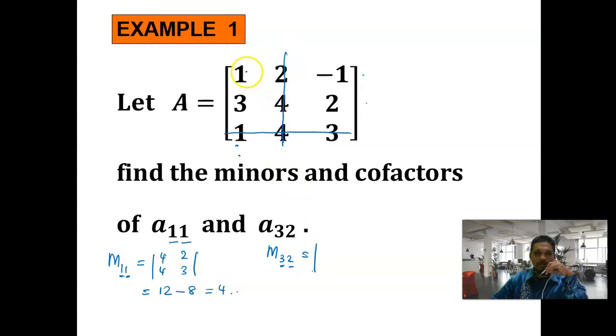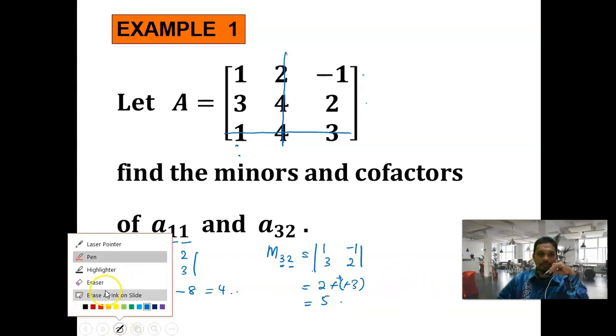What's left now is 1, negative 1, 3, and 2. So 1 times 2 equals 2, minus negative 1 times 3 equals negative 3. Negative becomes positive, so 2 plus 3 equals 5.